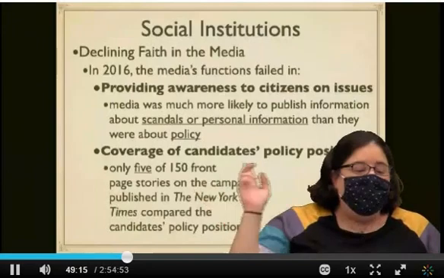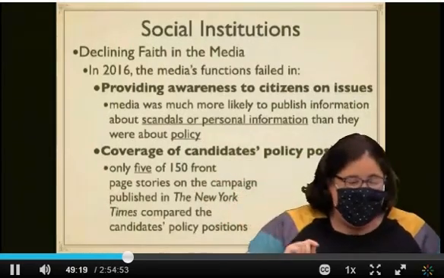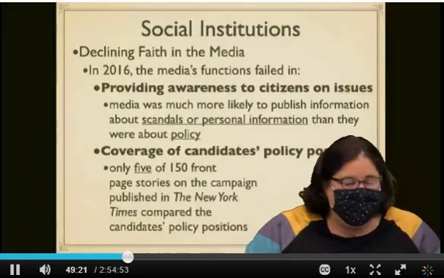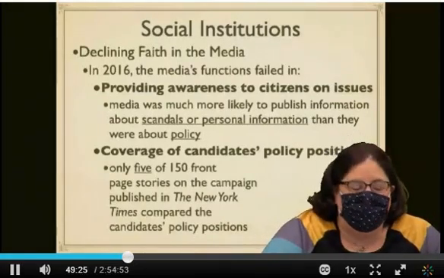And from the home state of both candidates, at the time. So 5 out of 150 front page stories actually compared policy positions.